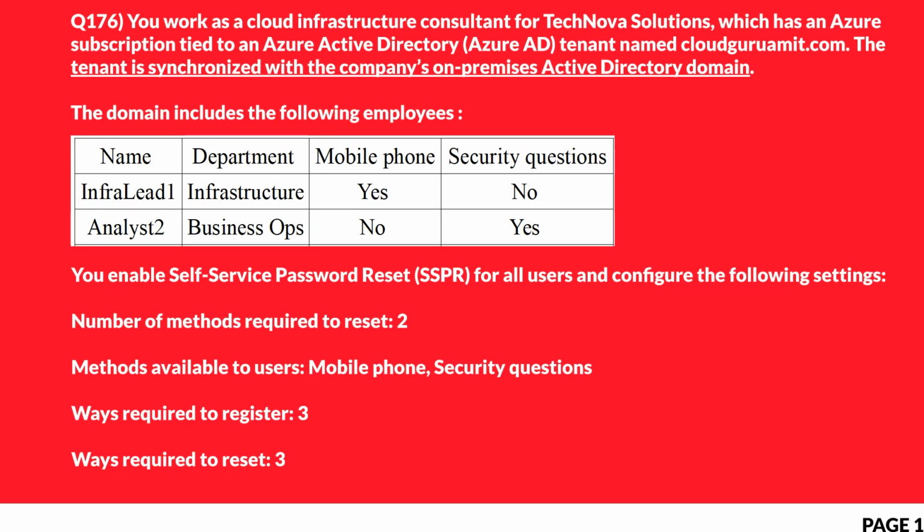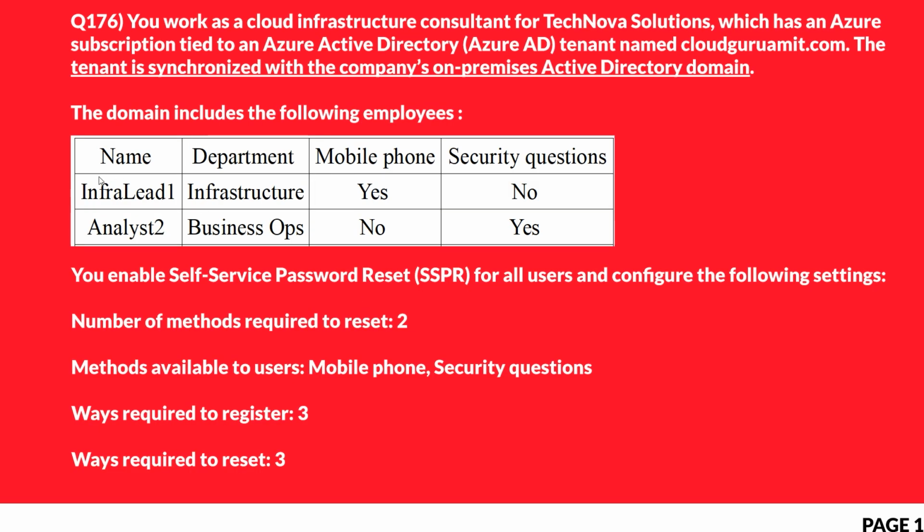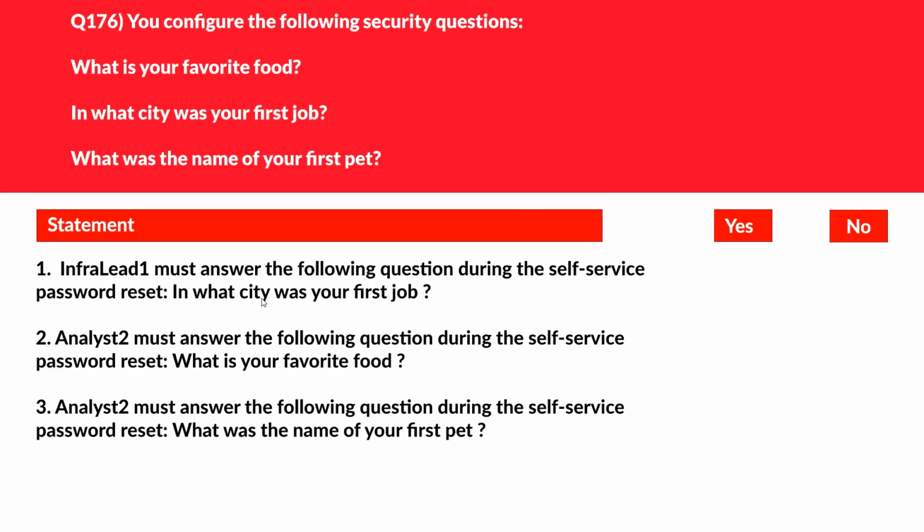Statement 1 says, infra lead 1 must answer the following question during the self-service password reset: in which city was your first job? If we look at the table here, infra lead 1 lacks security questions because it's no here, so cannot be prompted with it during reset. So for 1, this is no.